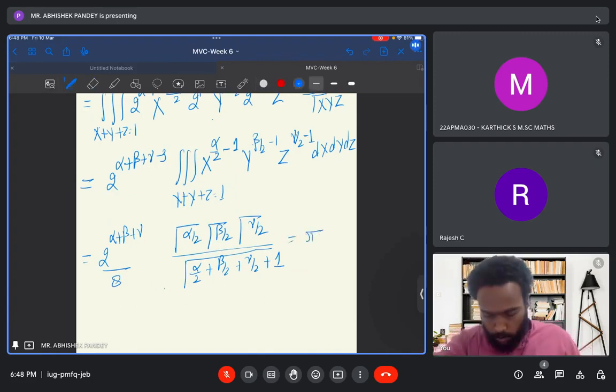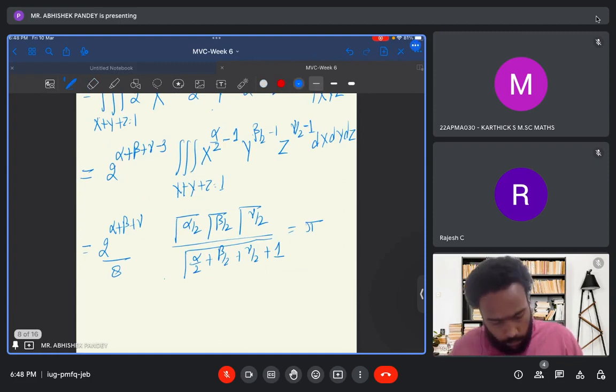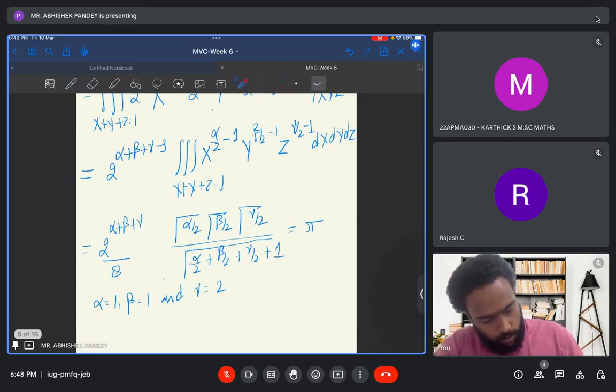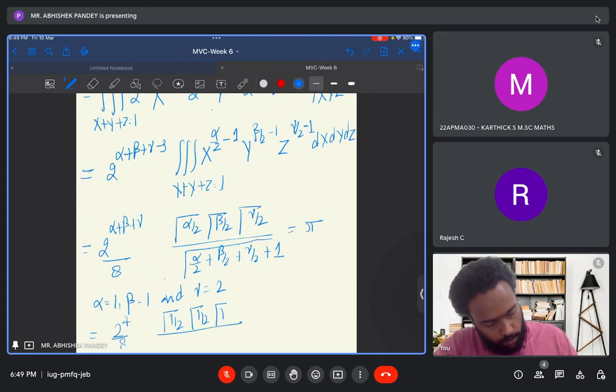So if you put alpha is equals to 1, beta is equals to 1, and gamma equals to 2, this quantity we need to check. So this will become 2 to the power 4 by 8, and this will become 1 by 2, 1 by 2, and 1 upon gamma of 1 by 2 plus 1 by 2 plus 2, so this will be gamma 3.